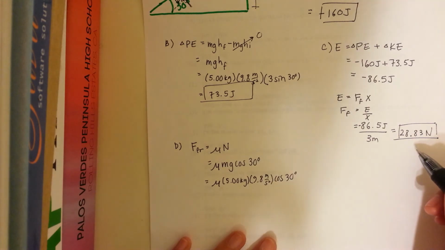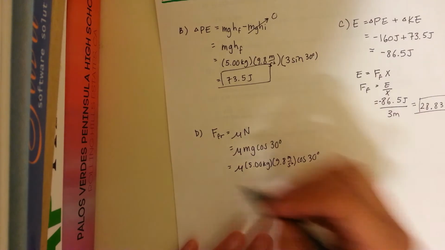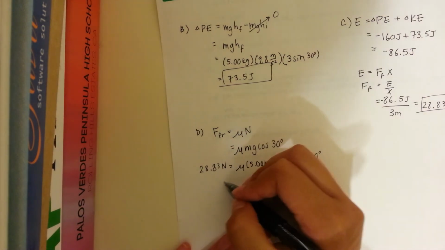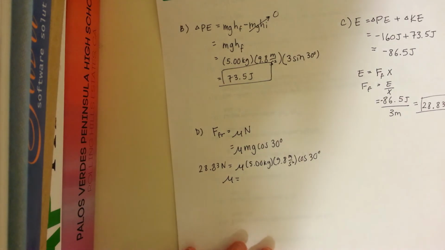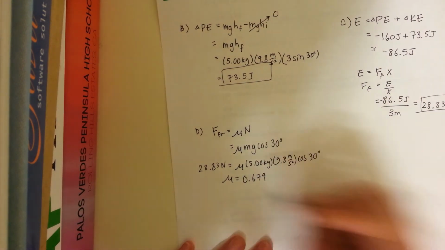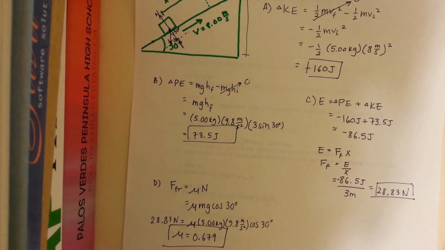You're going to use what you found in part C, this 28.83 newtons. And then when you solve it out, you should get a coefficient of friction of 0.679. And that is your answer. And that was number 21 for chapter 8.